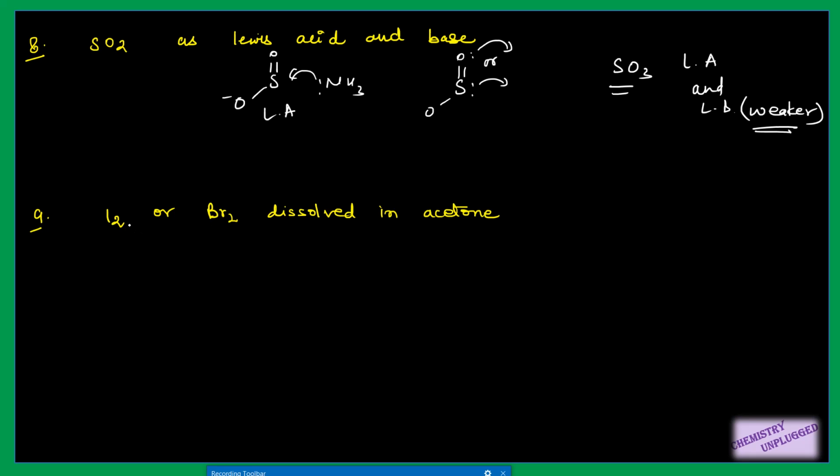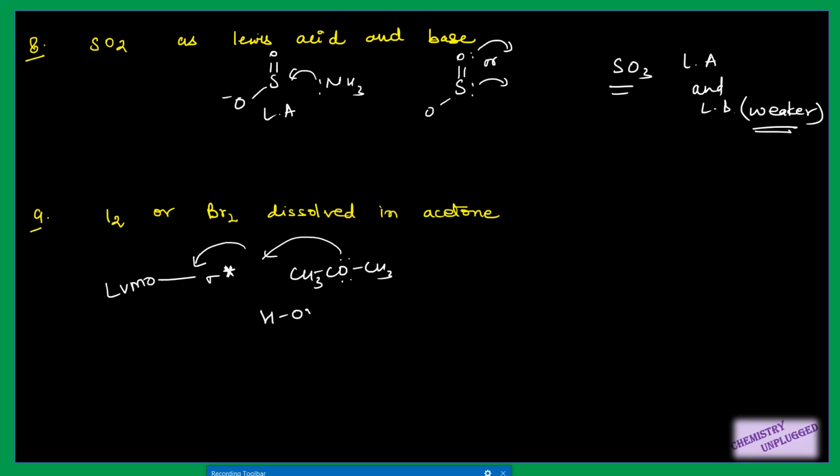So you should have knowledge about the MOT of iodine and bromine. If you remember, in MOT we have discussed that in the case of halogens the LUMO is sigma star, right? So these halogens can accept electrons in this sigma star orbital, and acetone or other polar solvents, due to the presence of oxygen, can donate electrons.